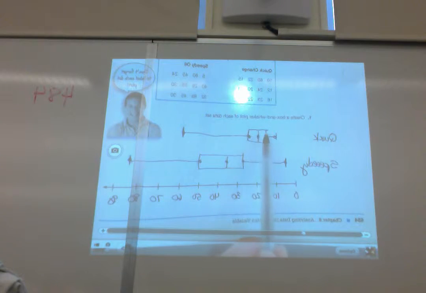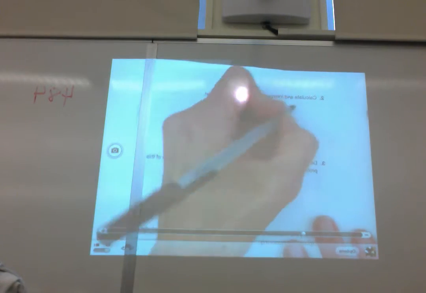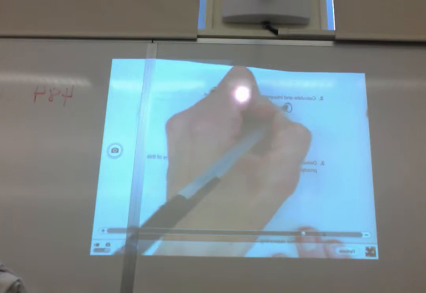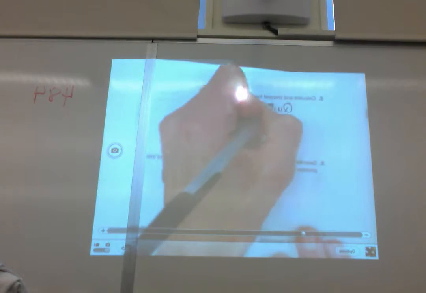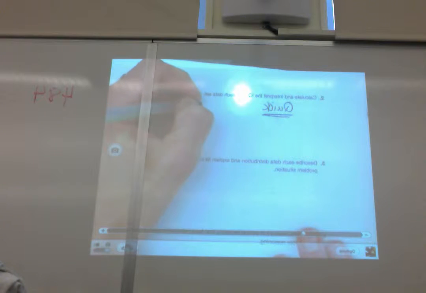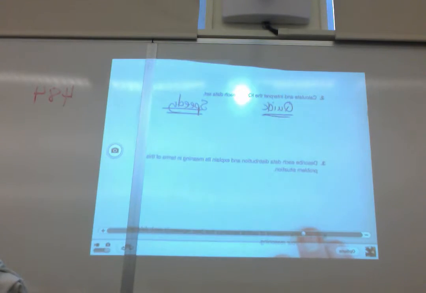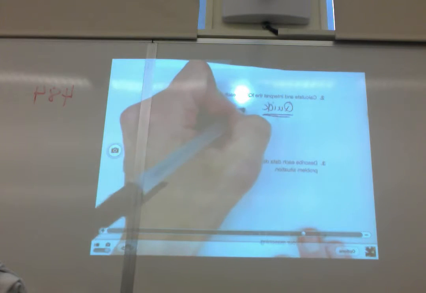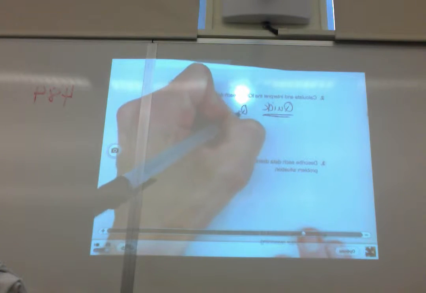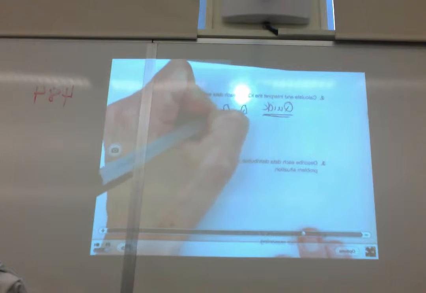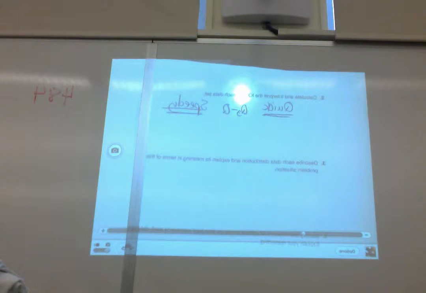So I've got to do 2 calculations, one for quick and one for speedy. Again, what we're doing is Q3 take away Q1. We want to find out how far apart they are. What's the difference between them?